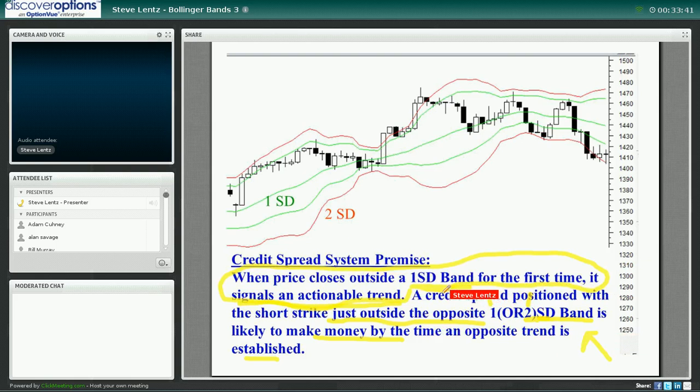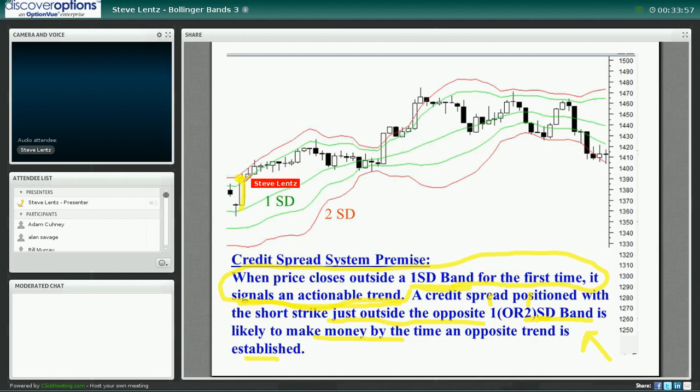When price closes outside a 1 standard deviation band, ding, right here, it signals an actionable trend. Now think about this. Here is the 1 standard deviation level.